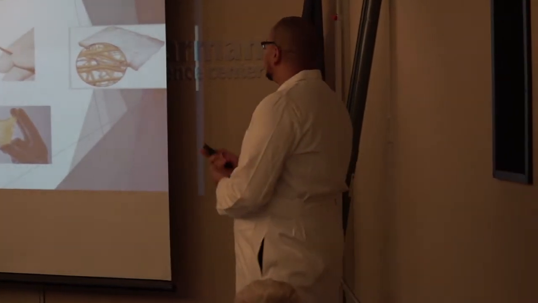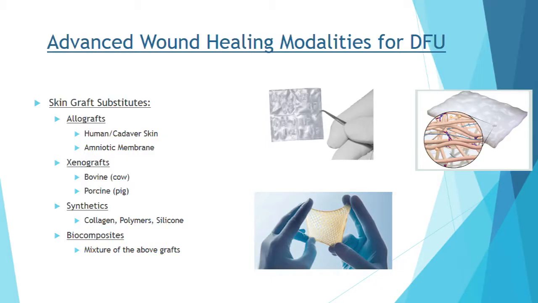Exactly. So, skin graft substitutes. Now this is very near and dear to my heart, and you're going to see some very, very good case studies here that show the effectiveness of skin graft substitutes. So allograft: human cadaver skin and amniotic membrane. Amniotic membrane and human cadaver skin have a high volume of living cells that help accelerate wound healing.